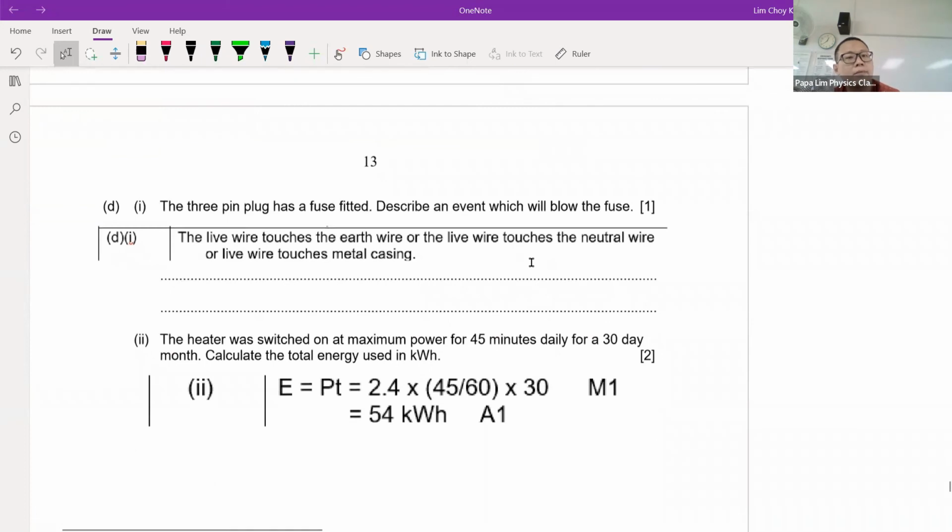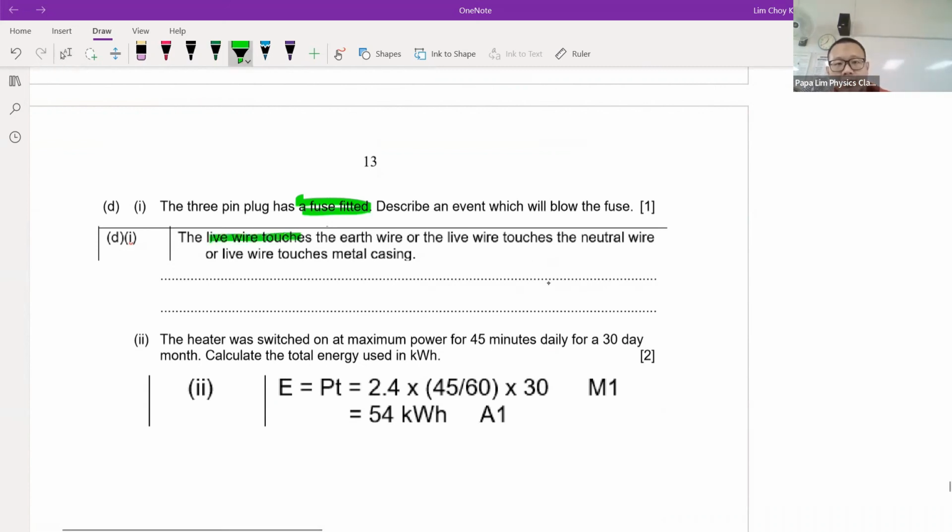Now, the tripping plug is another safety device. The beauty of the tripping plug is that there's a fuse inside, which allows us to hold the fuse. What will happen to cause the fuse to blow? Remember, when the live wire touches the metal casing, that's one possible scenario.